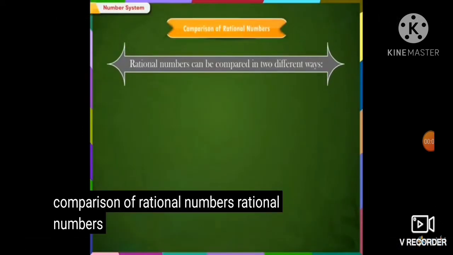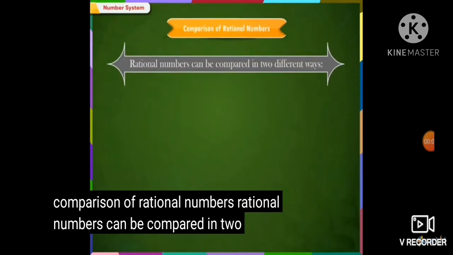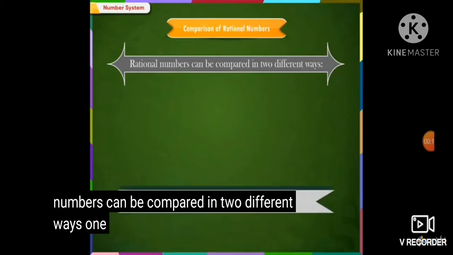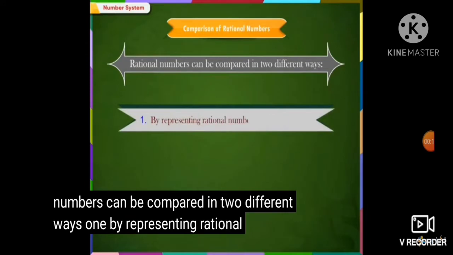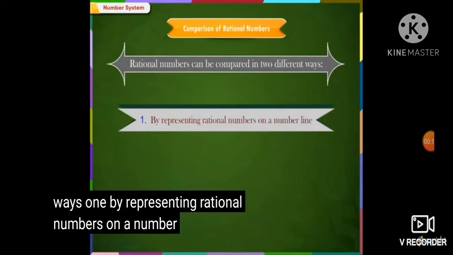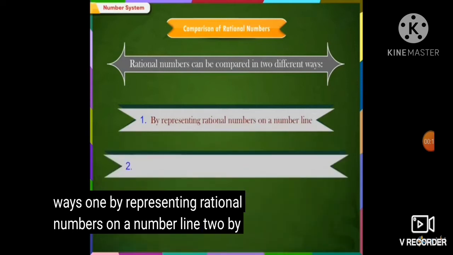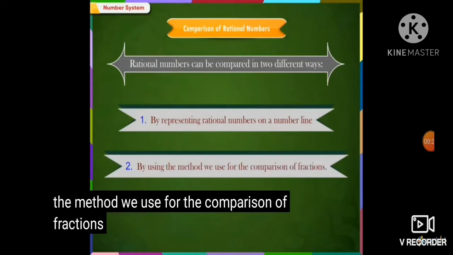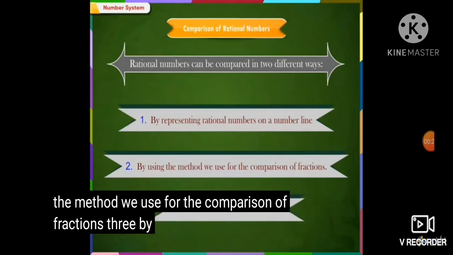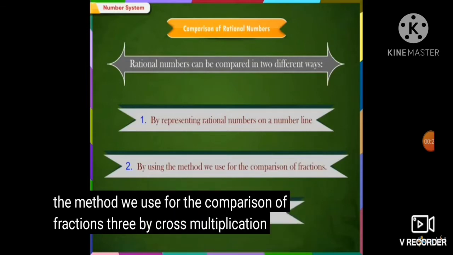Rational numbers can be compared in two different ways. The one is by representing rational numbers on the number line, and the second one is by using the method we use for the comparison of the fractions, and the third one is the cross multiplication method.